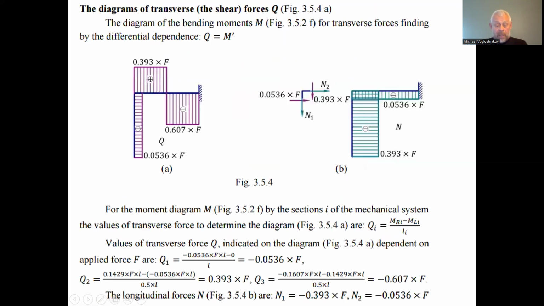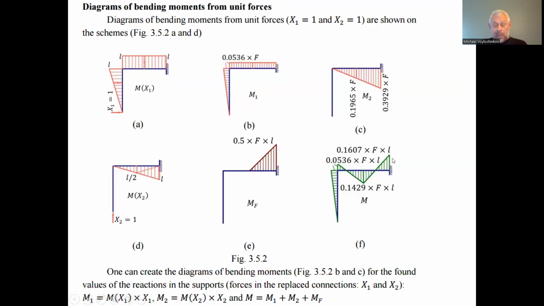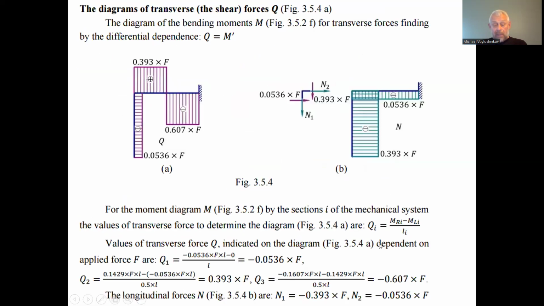On the right side we have a negative value, so rotating negative, minus 0.1607 multiplied by F by L, and we subtract a positive one, so we have two negatives in the numerator of this fraction, divided by the length of this small segment, half of the rod length of the considered frame.